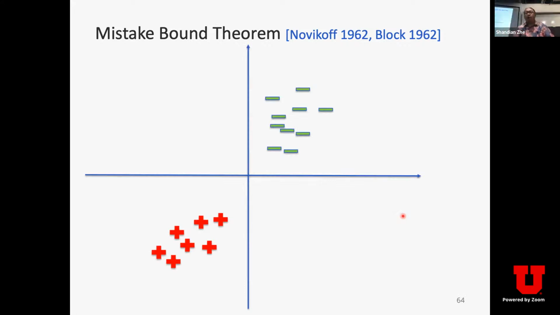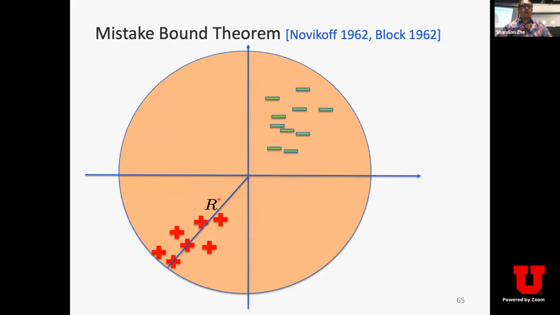So an interesting question is, do we have some geometric interpretation of this bound? Here we consider an exemplar data set with positive and negative examples. We know this is linearly separable. First, we can find an upper bound of the norm of the input feature vectors. You can just find the point which is furthest from the origin, and draw a circle or sphere with radius R. All the training examples are contained inside this bound.